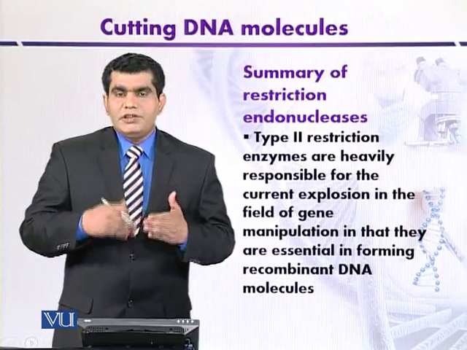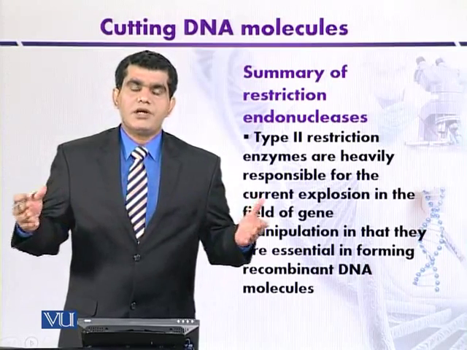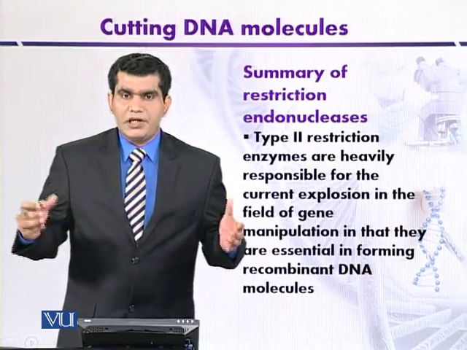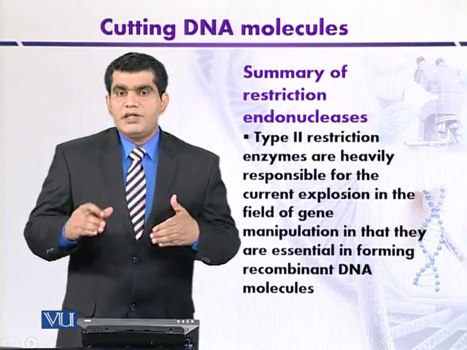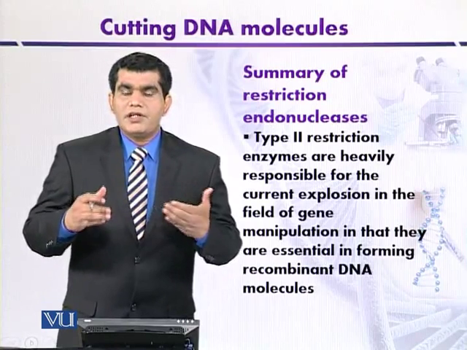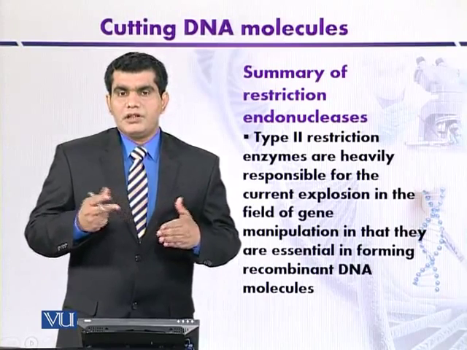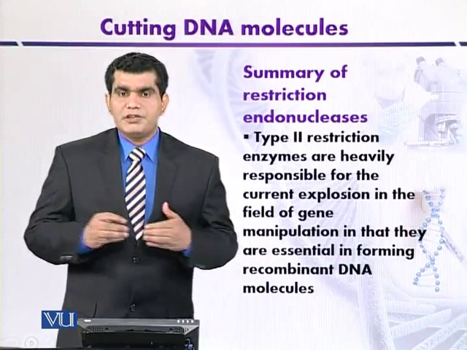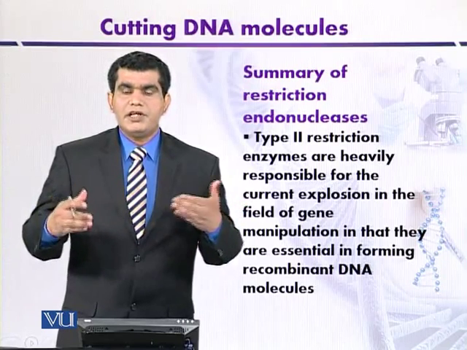Now when DNA is digested with a type 2 restriction enzyme, the DNA fragments may be of different lengths. It will depend on the length of the recognition sequence, how many bases are present. Either they are 4 bases, 6 bases, or the recognition sites may be composed of 8 bases.